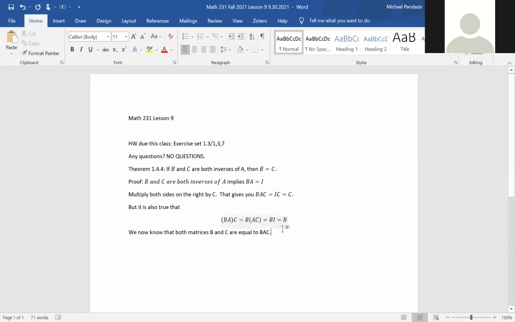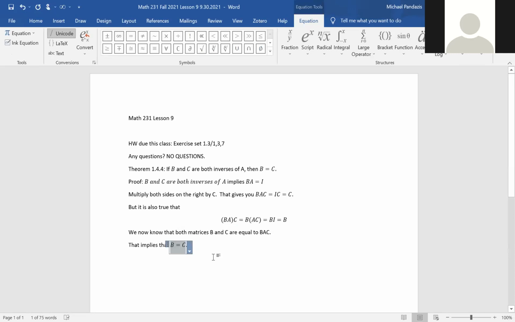C is equal to BAC and B is equal to BAC. That implies that B is equal to C, because both B and C equal the same BAC. And you're done. That's the proof of this theorem.